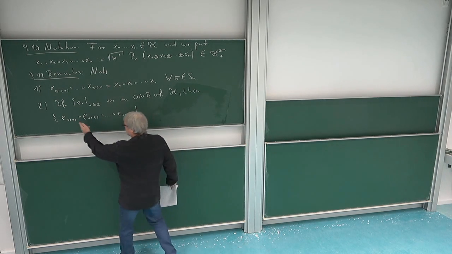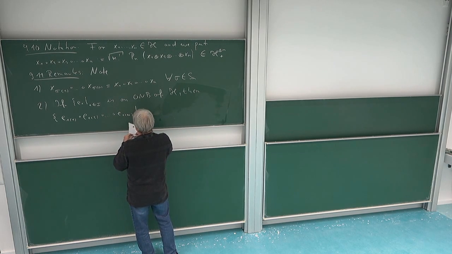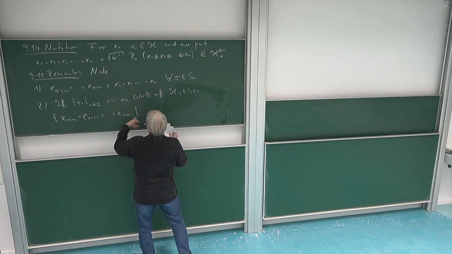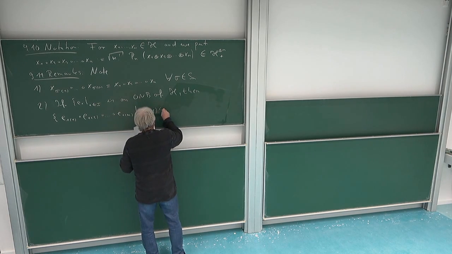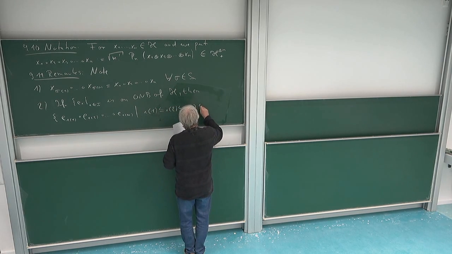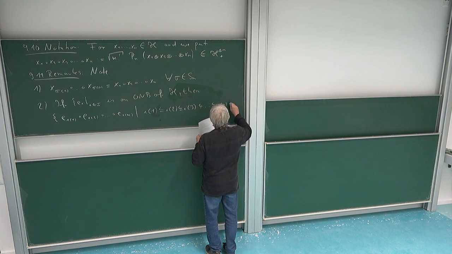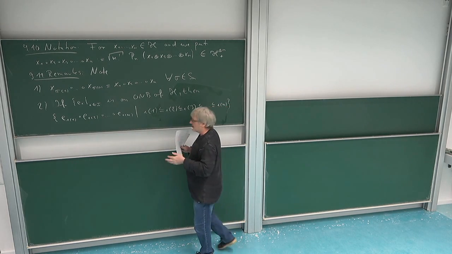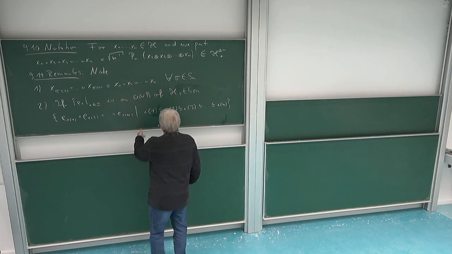Of course, some of them might be the same, but it should be an increasing sequence. So I require that all the i's are in this index set I, but otherwise i1 ≤ i2 ≤ i3, and so on, up to ≤ in. Because if I have a different order here, then I can just commute it into an order like this.